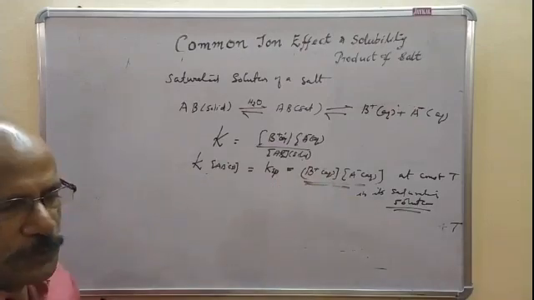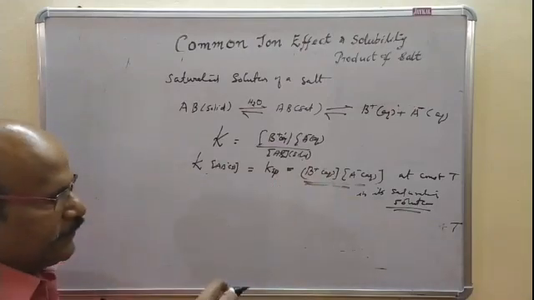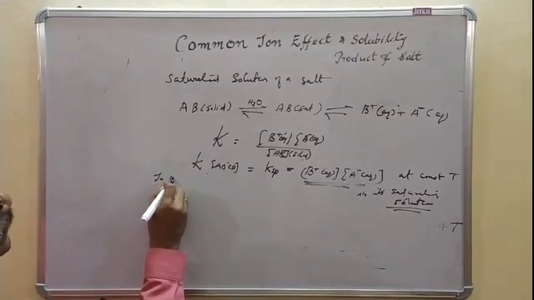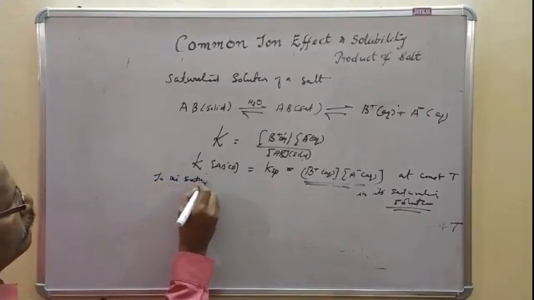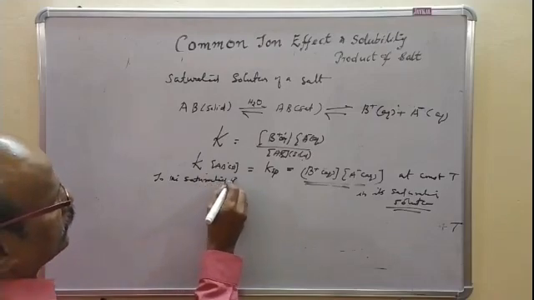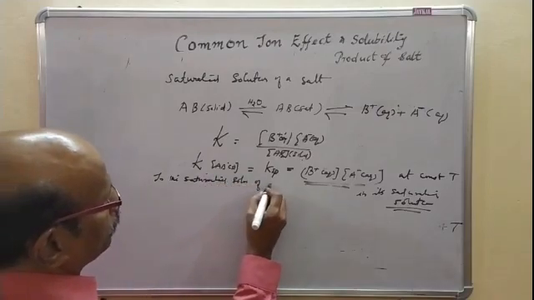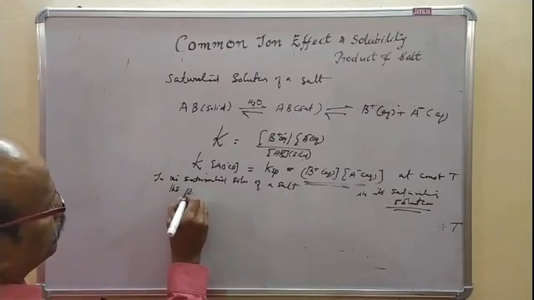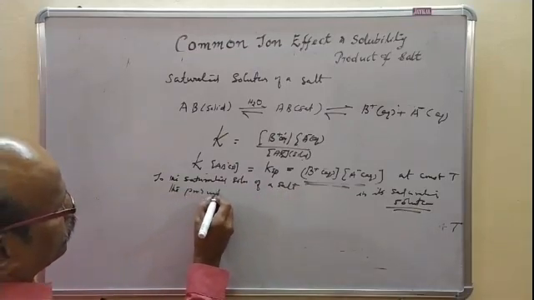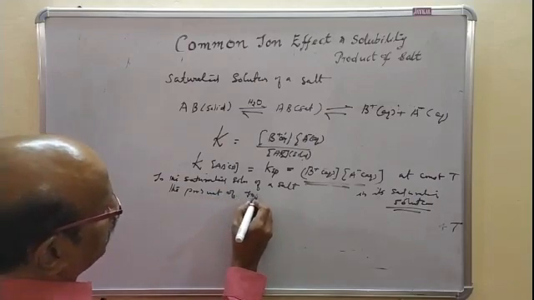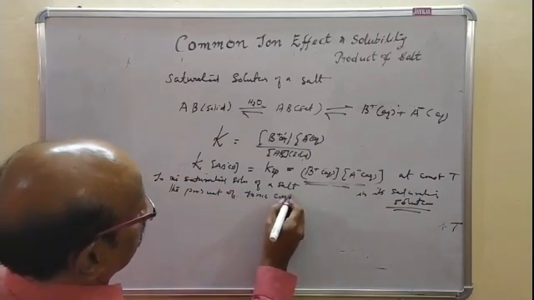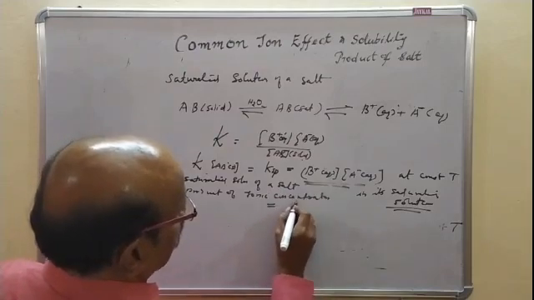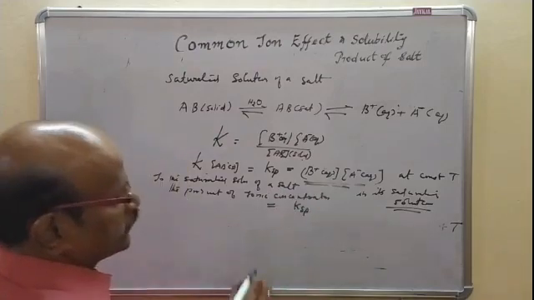So it has two other aspects. That means in the saturated solution of a salt, the product of ionic concentration is equal to the solubility product.